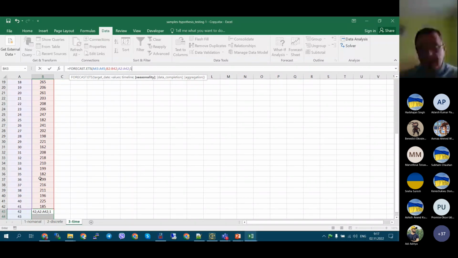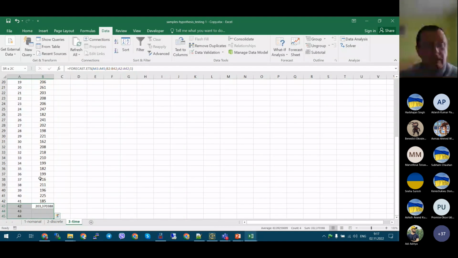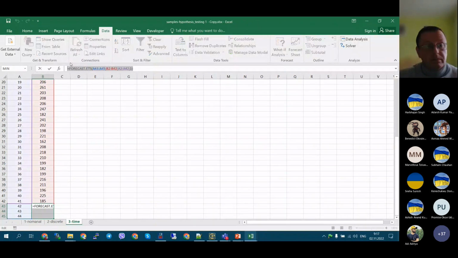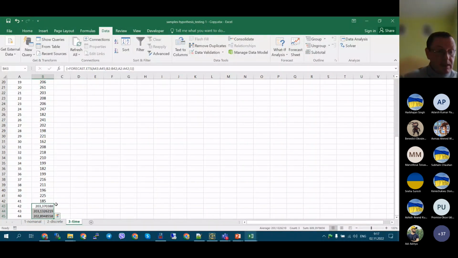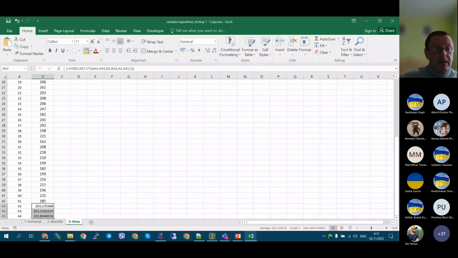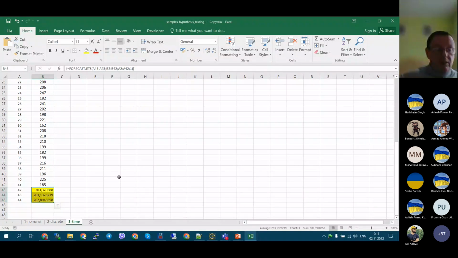And I assume that there might be some seasonal effect in my data. Let me provide this assessment. So here I have my prediction about possible cases for the next 3 days, analytically, exactly with a linear-based model with additional identification of seasonal trend.